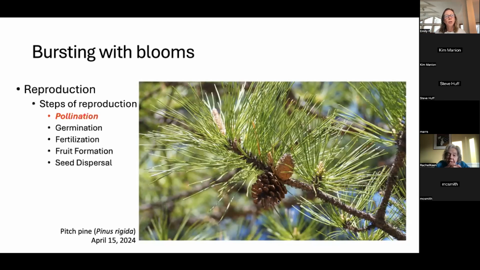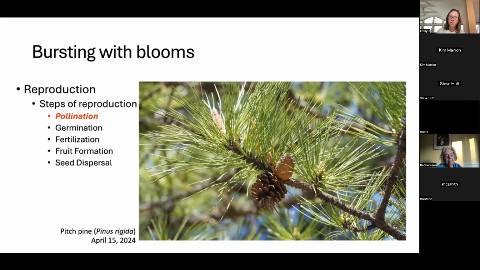And when we are looking at our blooms, we want to know, why are plants bursting into flower? And it's all about reproduction. So reproduction is really important, and there are definitely steps in the reproductive process for our trees, and probably all plants.